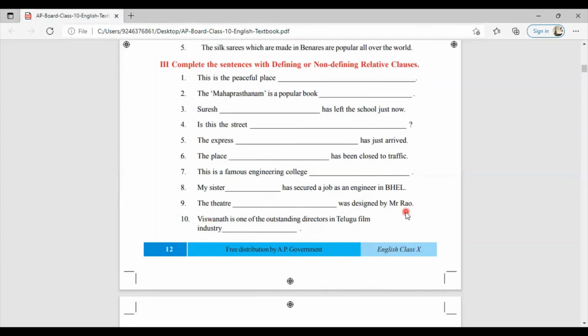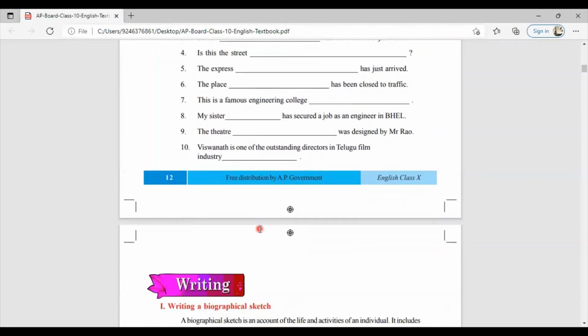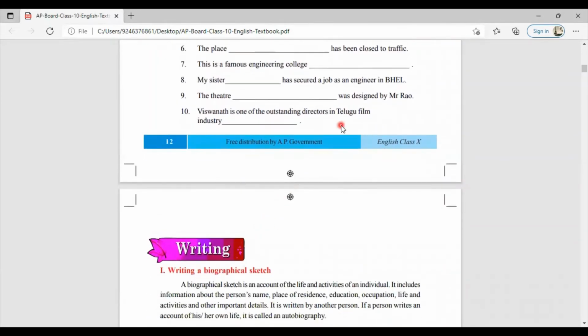The theatre which was built in 2014 was designed by Mr. Rao. "Vishwanath is one of the outstanding directors in Telugu film." Vishwanath is one of the outstanding directors in the Telugu film industry, which or who produces a number of creative directors. So for the Telugu film industry, we'll write which produces a number of creative directors.